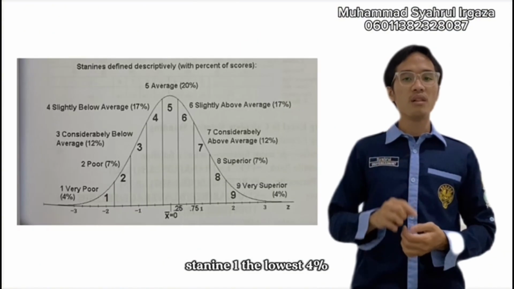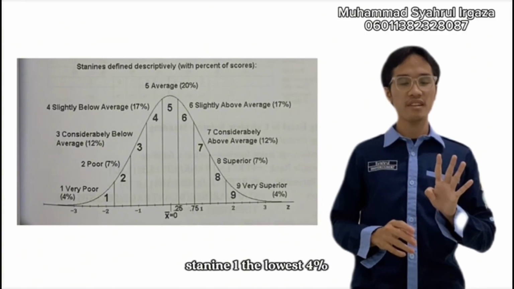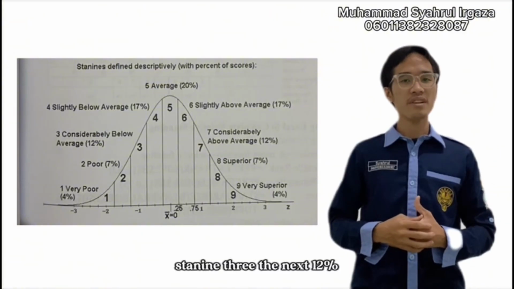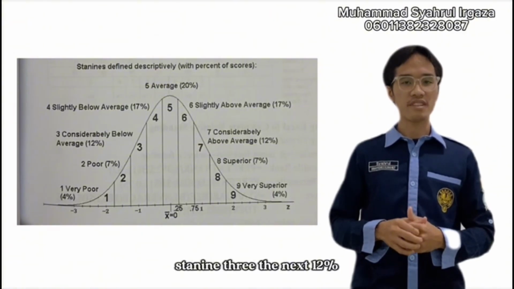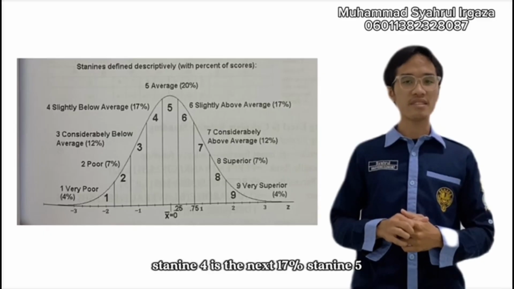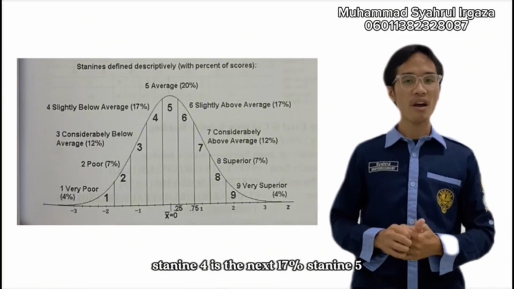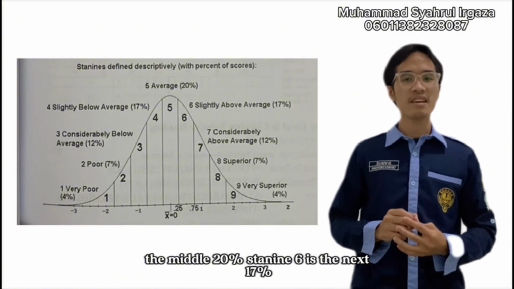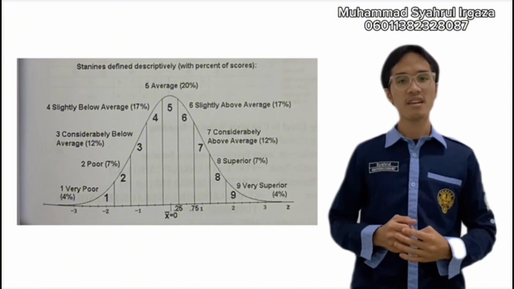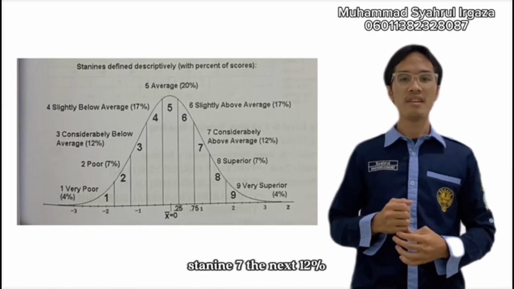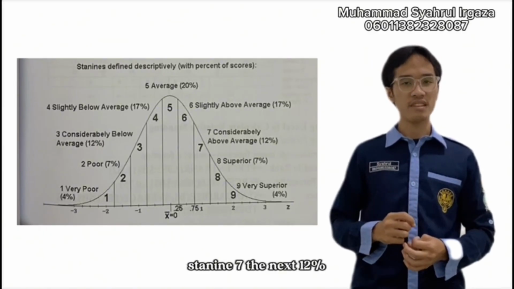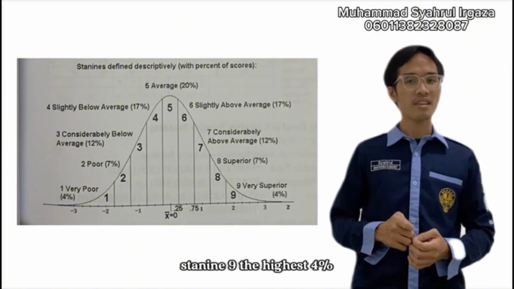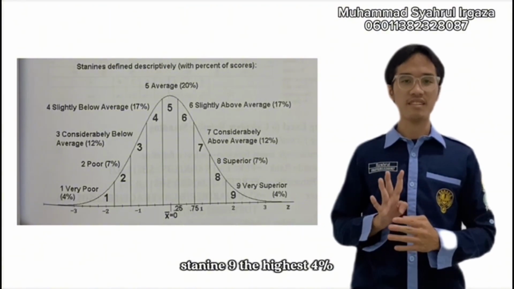Stanine 1, the lowest 4%; stanine 2, the next 7%; stanine 3, the next 12%; stanine 4, the next 17%; stanine 5, the middle 20%; stanine 6, the next 17%; stanine 7, the next 12%; stanine 8, the next 7%; stanine 9, the highest 4%.